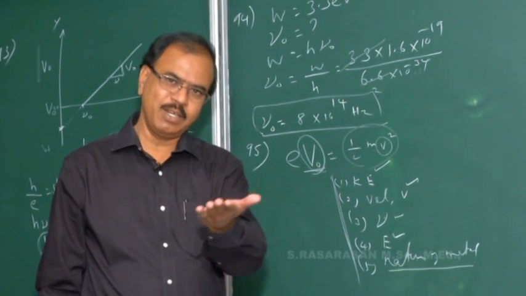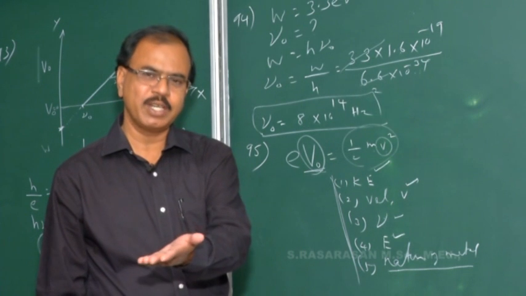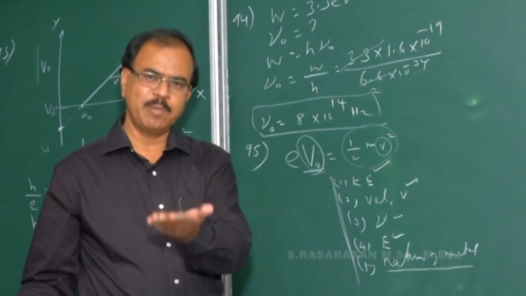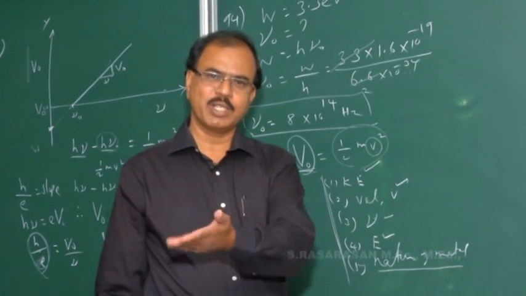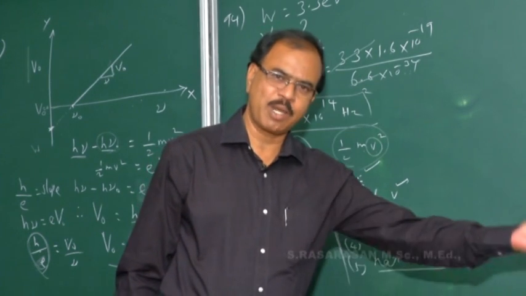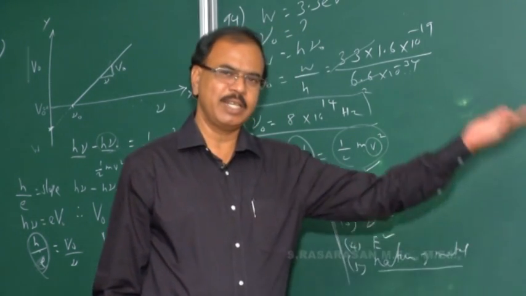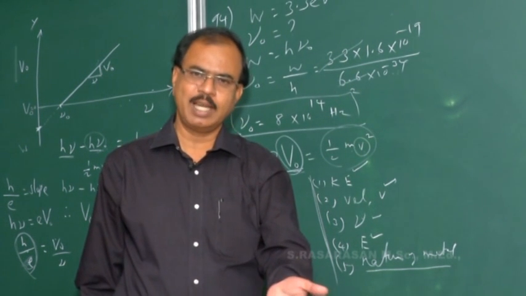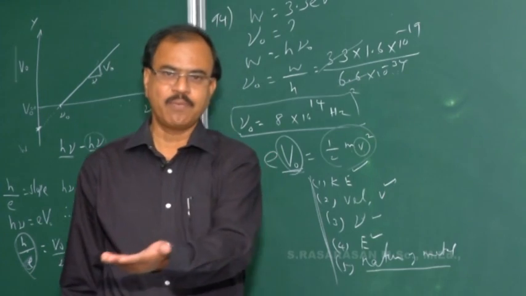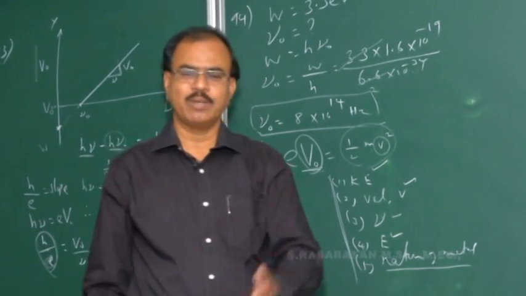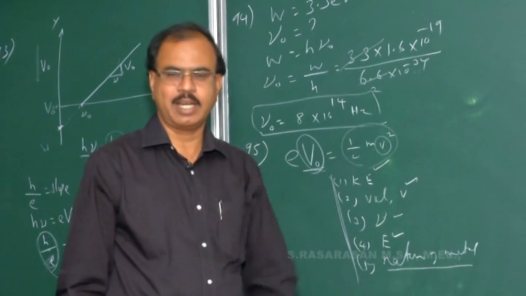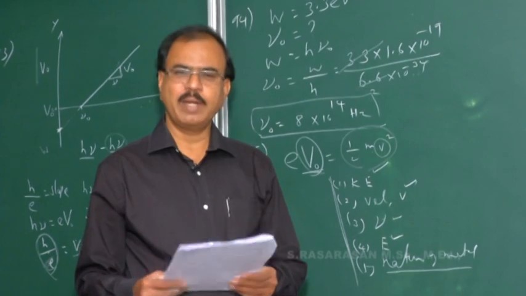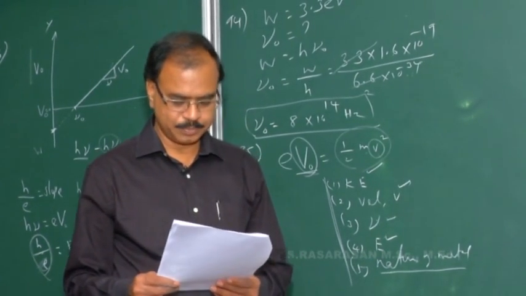So kinetic energy depends on frequency, velocity depends on frequency, and kinetic energy depends on stopping potential. So the stopping potential, thereby the kinetic energy of the electron, thereby the velocity of the electron, depends on frequency, not on the intensity. In one law we have stated this clearly. So stopping potential is independent of intensity.